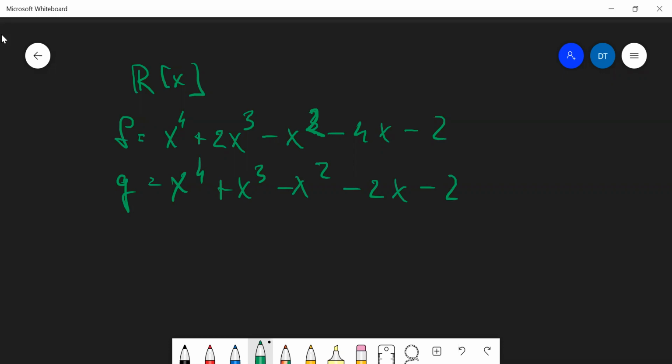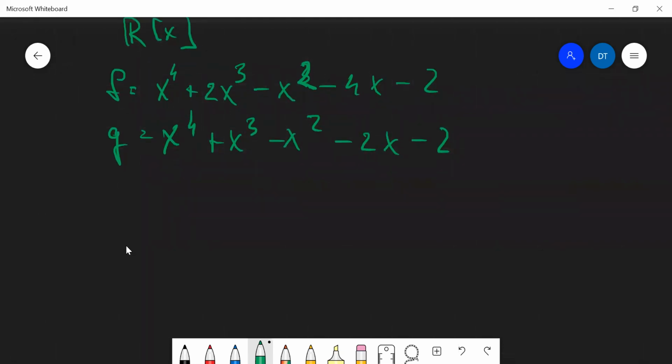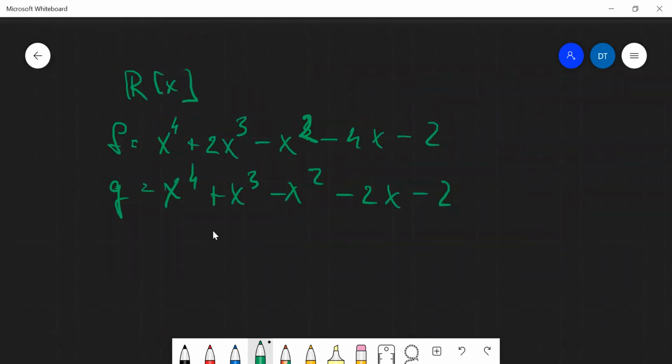Okay, these are two polynomials, f and g. I want to compute a greatest common divisor of these polynomials. If we compute a greatest common divisor with leading coefficient 1, which is the monic greatest common divisor, we will get a unique result.